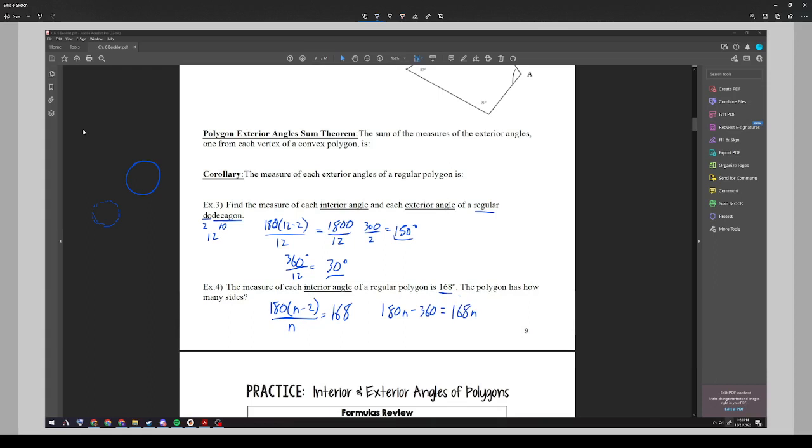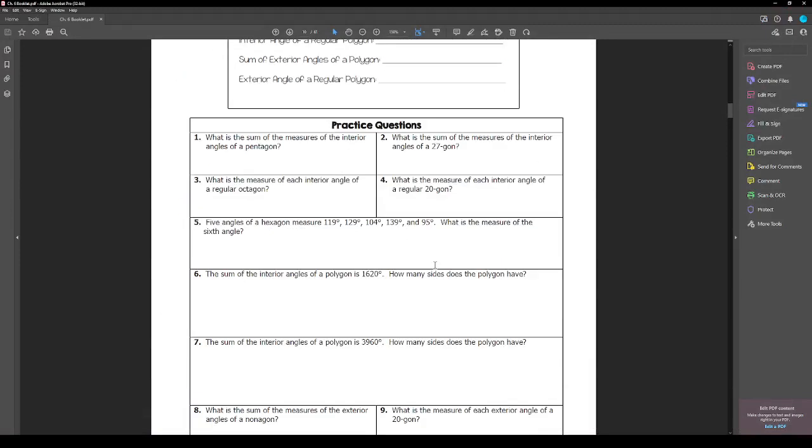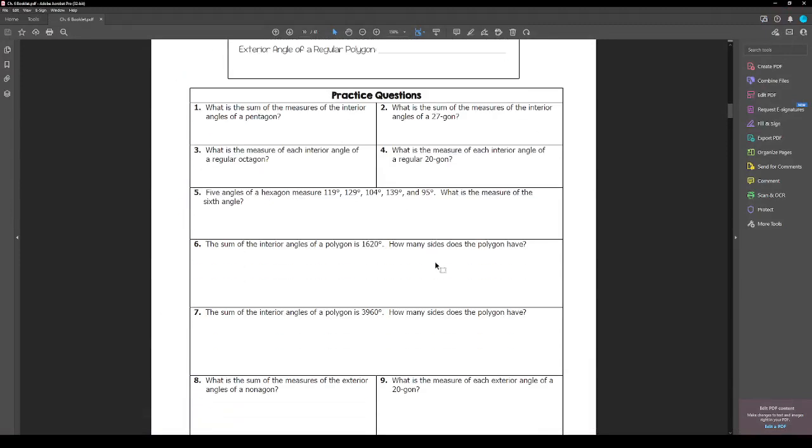Move everything around, we would get 12n equals 360, so n equals 30 sides. So yes, it's definitely more than 12 and significantly more, right? Because we're a lot closer to our theoretical maximum of 180 than we were here.